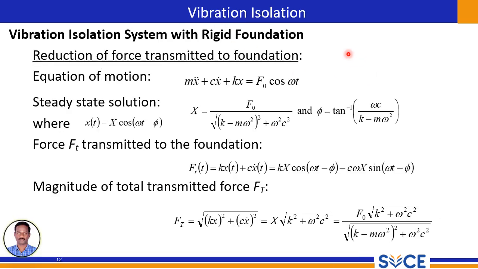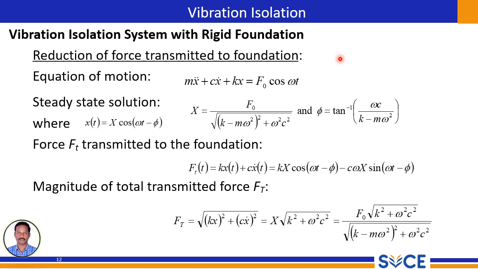Building on our previous discussion, let's delve into the mathematical analysis of this vibration isolation system. This slide presents the equations that govern the system's behavior. Here we are going to derive the transmitted force by writing the equation of motion first.